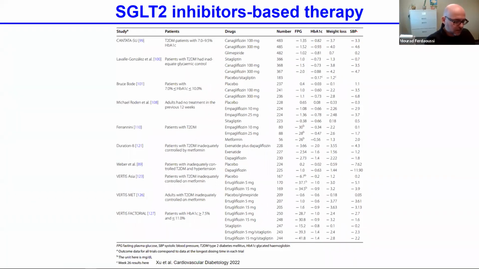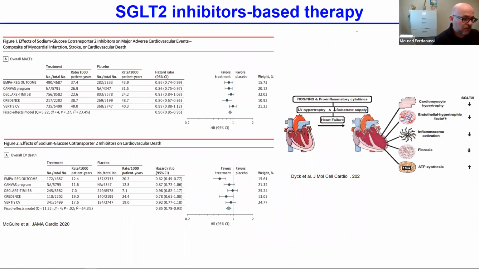So based on this observation, more clinical trials showed that the SGLT2 inhibitors, besides their effect to treat diabetes, can also be used to treat cardiovascular disease. And now the SGLT2 inhibitors start to be prescribed for patients with cardiovascular disease.